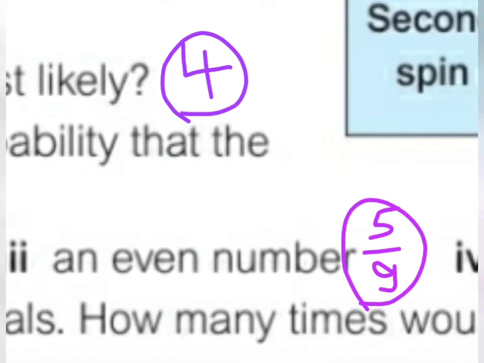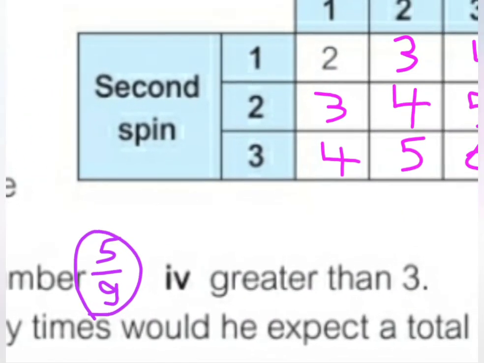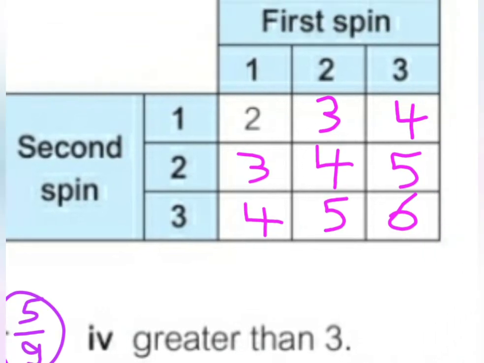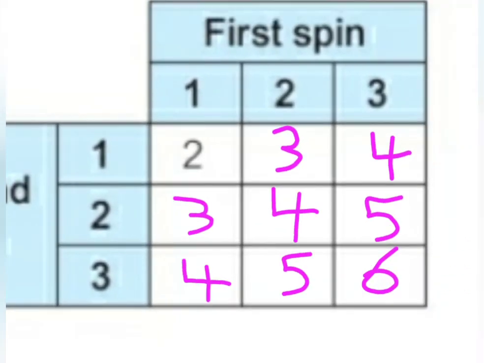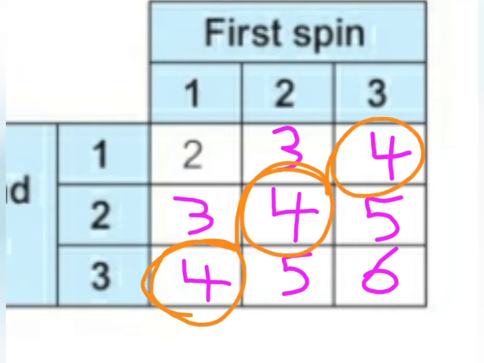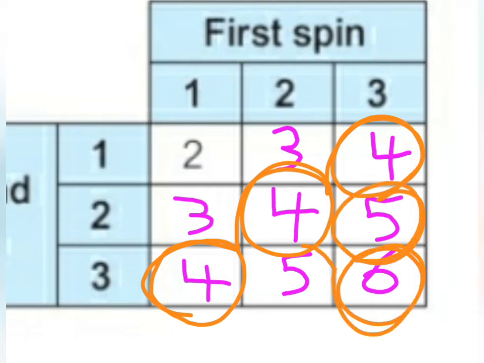Good job. Now the next one is greater than 3. So a number greater than 3. Let's take a look at the possible outcomes. How many numbers are greater than 3 here? Good. We have 1, 2, 3, 4, 5, 6. So we have 6 numbers which are greater than 3.